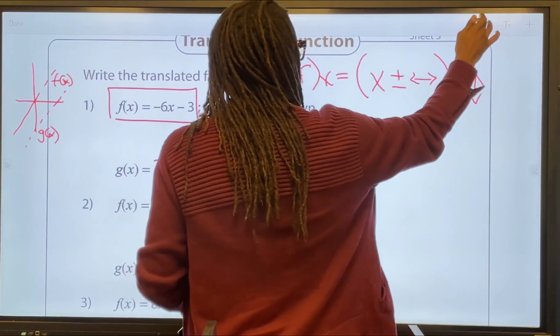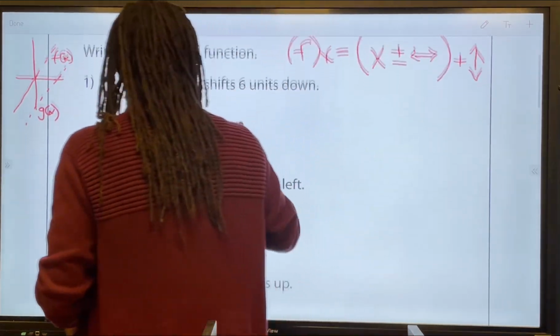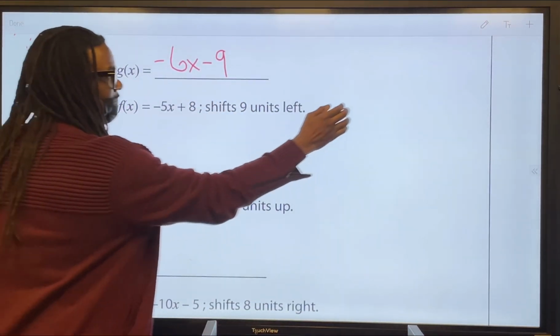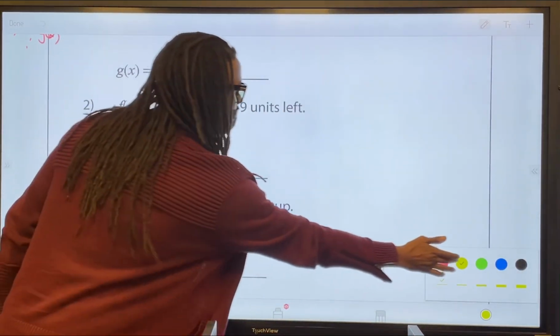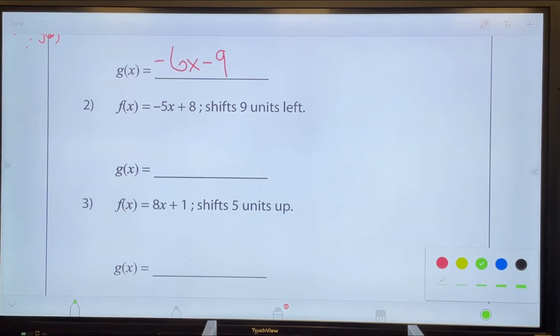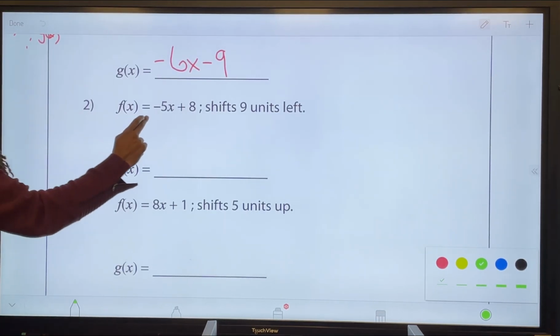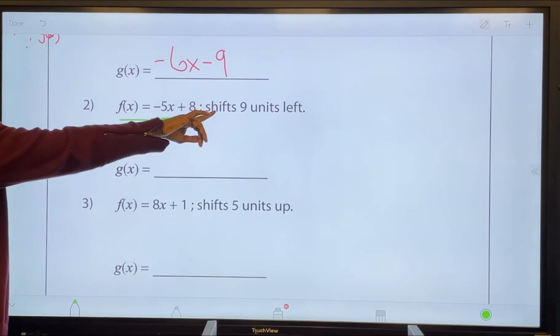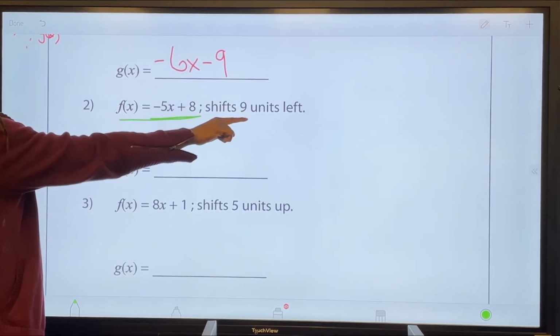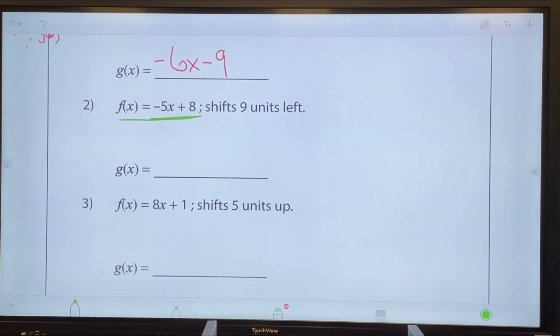Here, watch. This might get confusing, but don't get lost. Watch how we do this. The first line is -5x plus 8. Now they're telling us we gotta shift to the left 9 units, right?